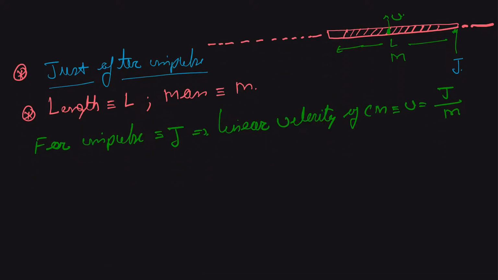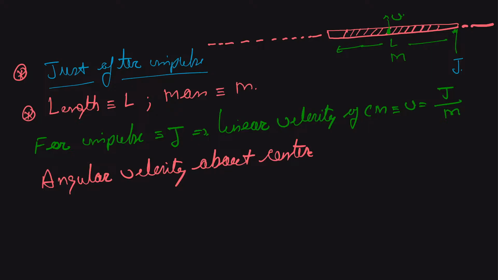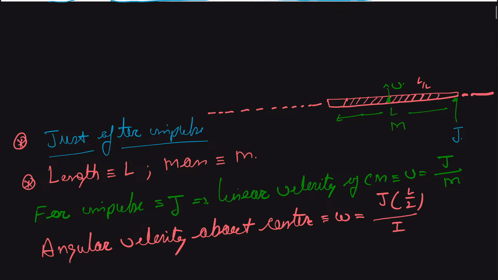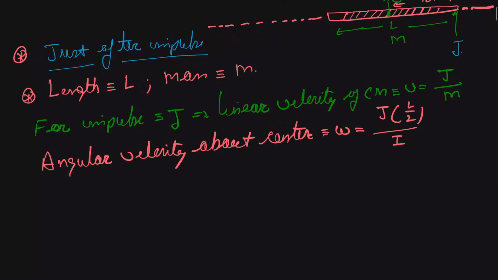So the angular velocity about the center, let us suppose that is omega, will be equal to impulse times the lever arm, that is L by 2, divided by the moment of inertia I. The lever arm is nothing but L by 2 with respect to the center of mass, and the moment of inertia I we already know.